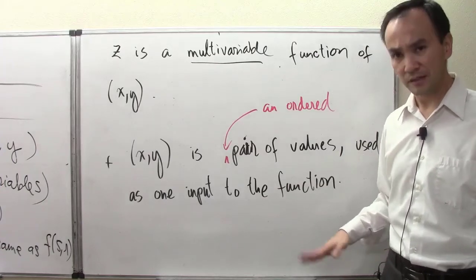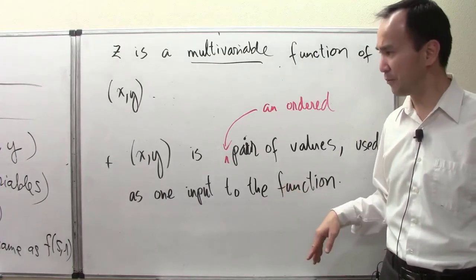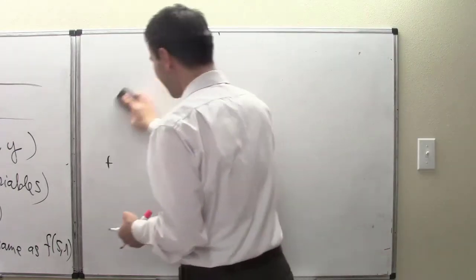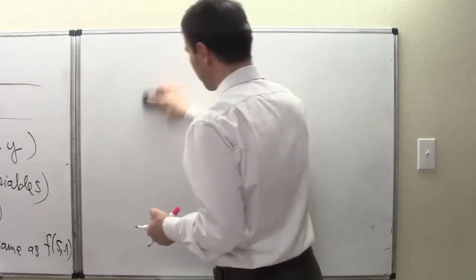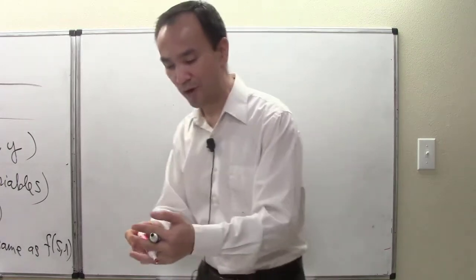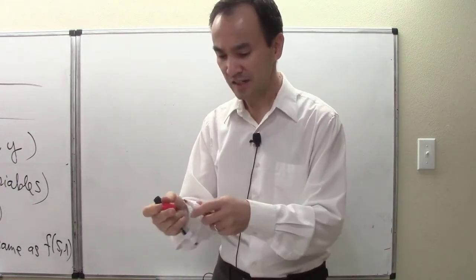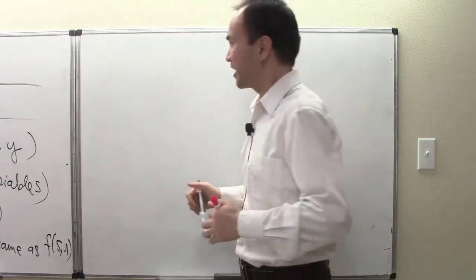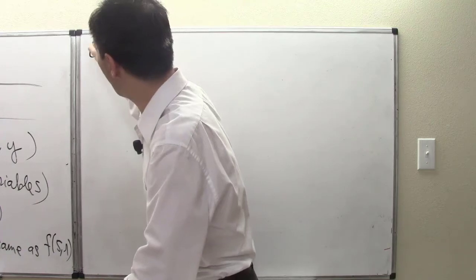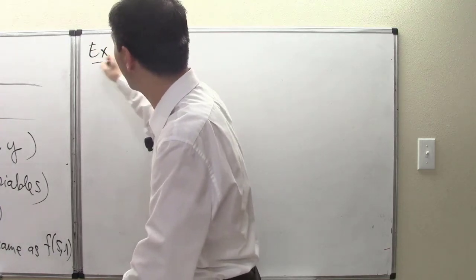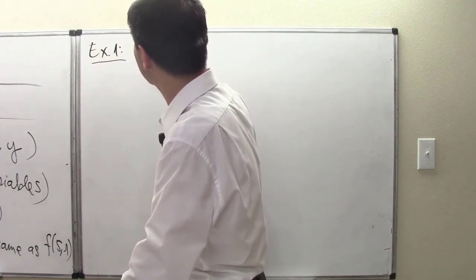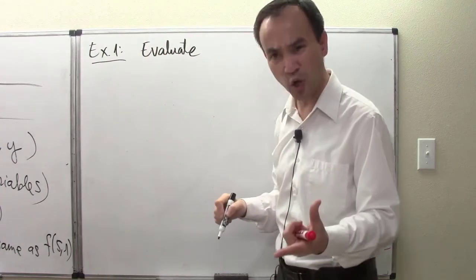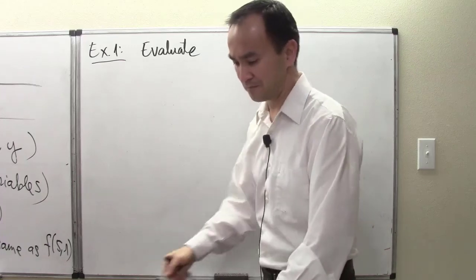Now we are ready for example 1. In this example, I am going to look at a mix of different notation. Let's come up with the instruction of the problem: let's evaluate.